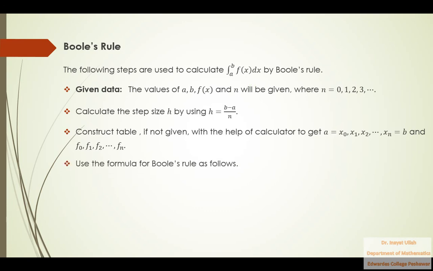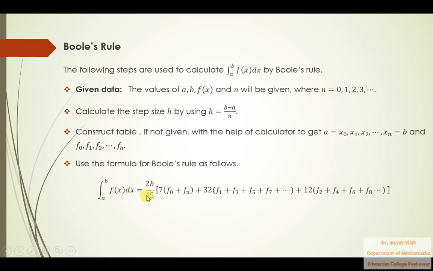The formula for Boole's rule to calculate the approximate value of this definite integral is given to be this: the approximate value is equal to 2h by 45.